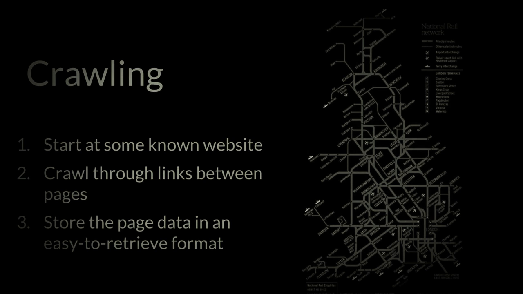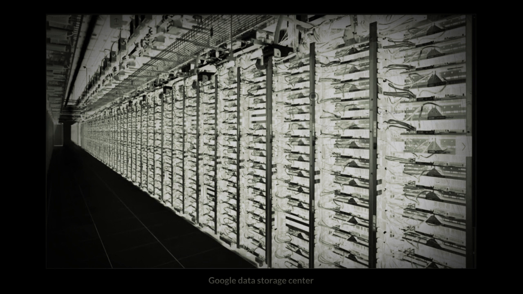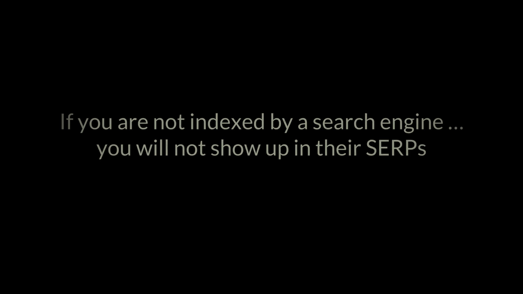So when I search for corgi puppies, it's going to be able to correctly identify pages that are about corgi puppies, and depending upon what search intent I display, rapidly find the pages that meet those criteria. The way that they store it is in these data storage centers, and we would call this the index. So it has crawled pages and then it indexes them in the storage center.